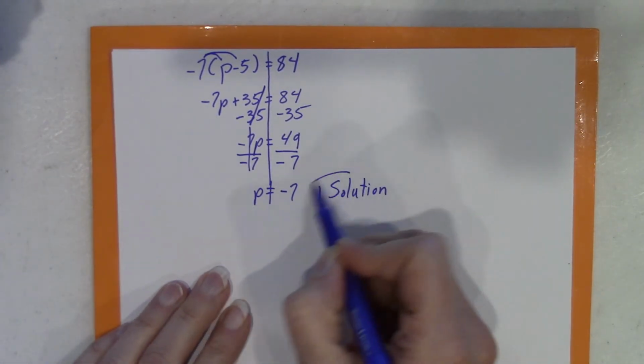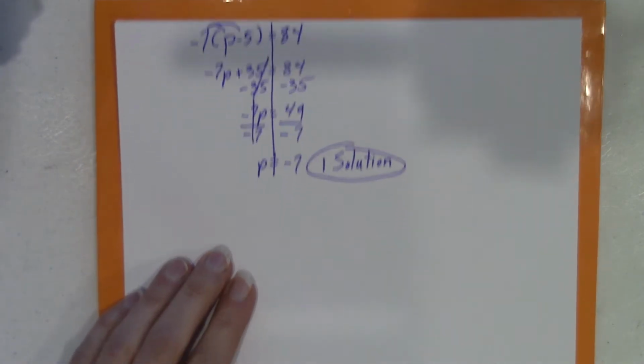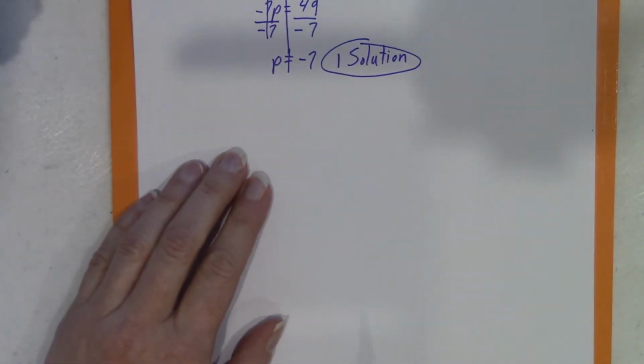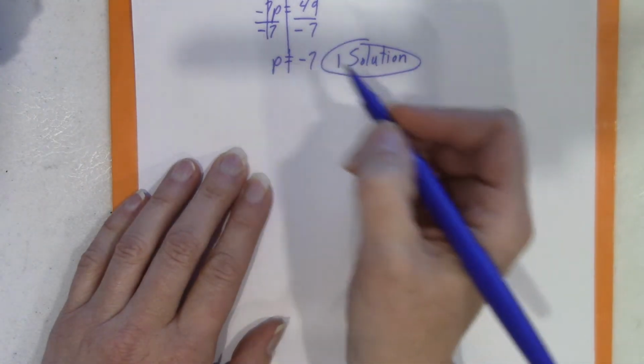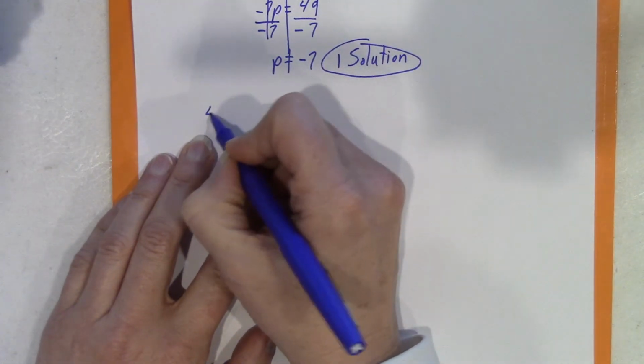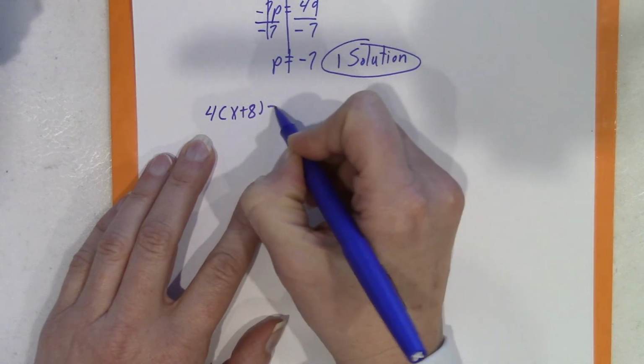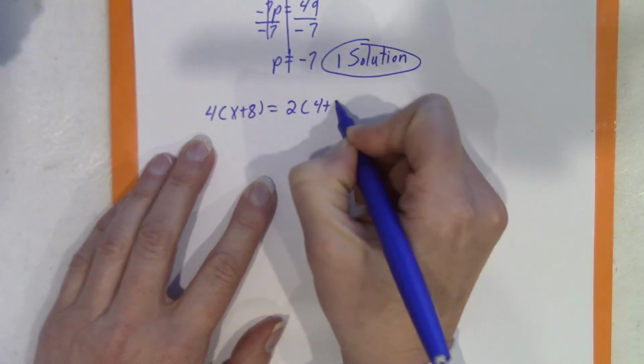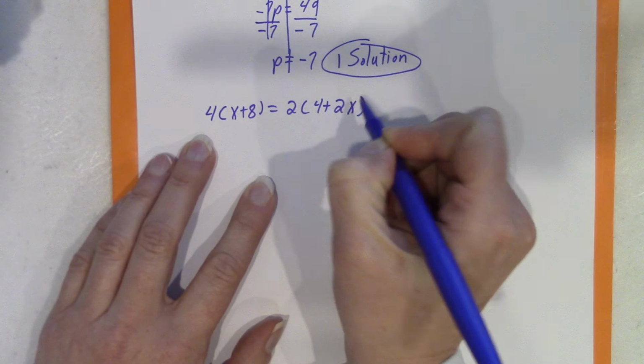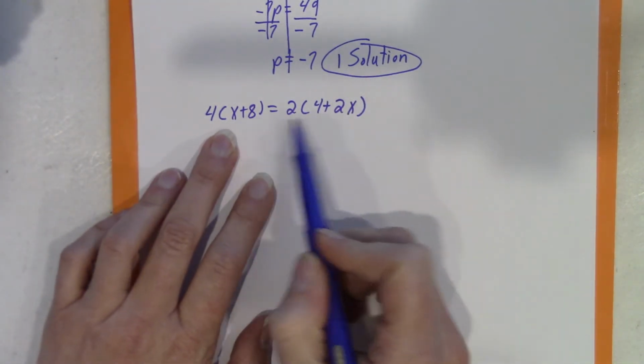So one solution here. All right, the next problem does not have a solution. So 4 times x plus 8 equals 2 times 4 plus 2x. Again, there's nothing I can do inside these parentheses.